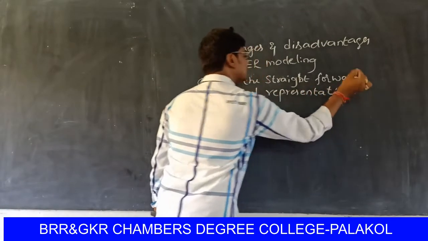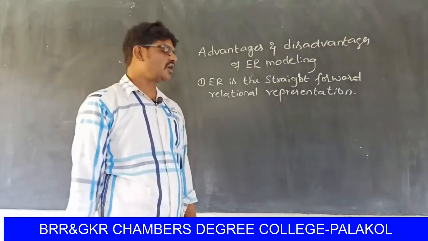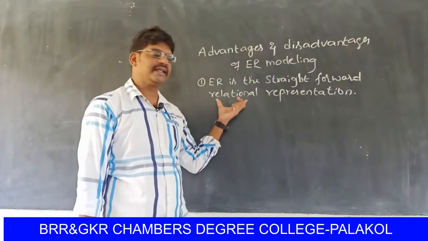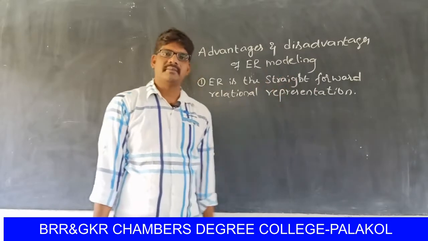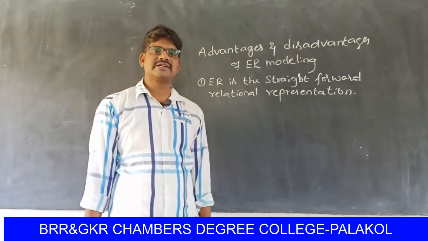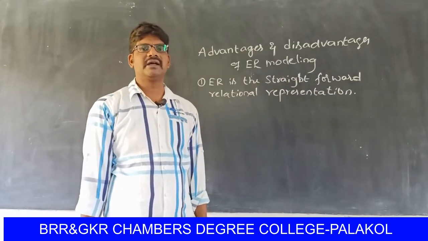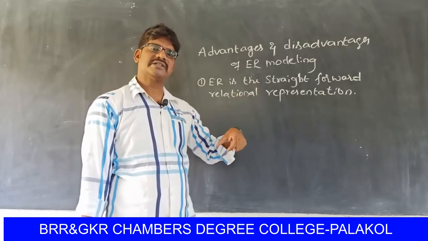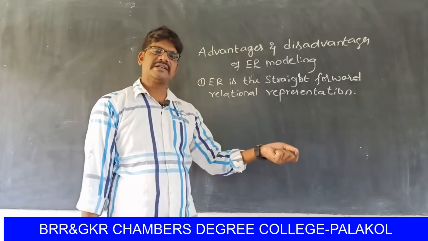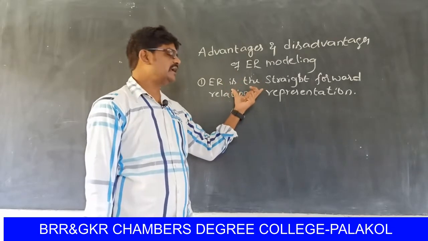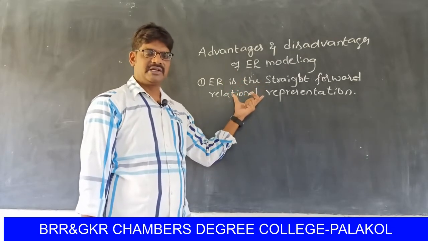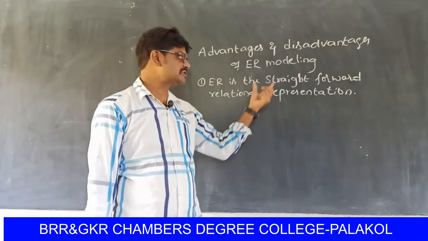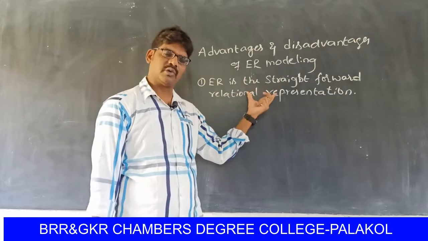So all the entities and all the relationships are maintained and presented in a straightforward manner, because the database designers must and should maintain the ER modeling. That means the database designer must manage and maintain the ER diagrams. So all the relationships, all the entities and all the attributes are in a straightforward manner only.